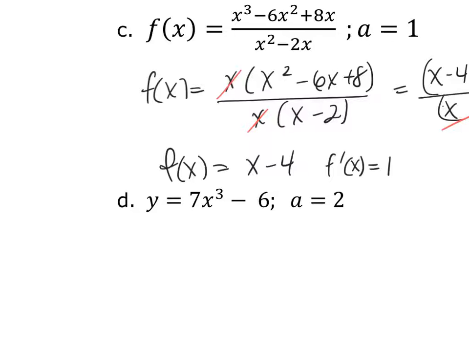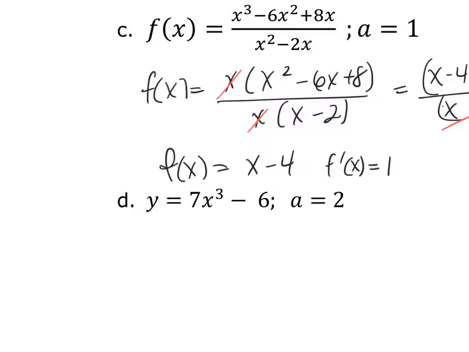This is a line. x minus 4 is just a line. How do I find an equation of a tangent line to a line? You really don't. It is the exact same line as what you start out with.